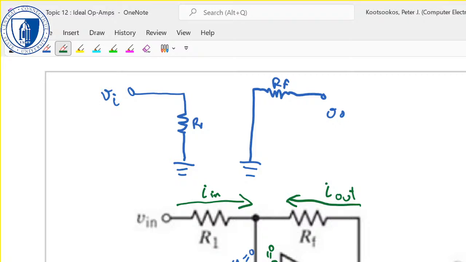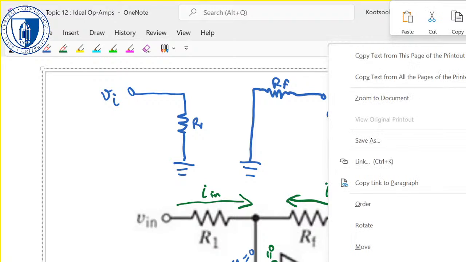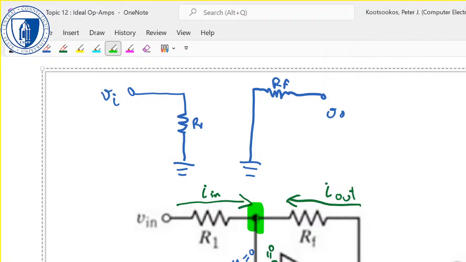If we apply Kirchhoff's current law to that node there, what does that say about the relationship between I? But they're equal, exactly, right?